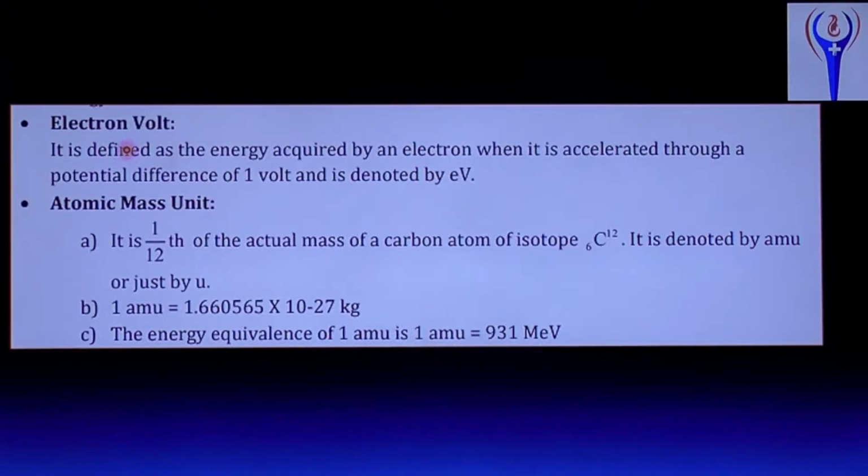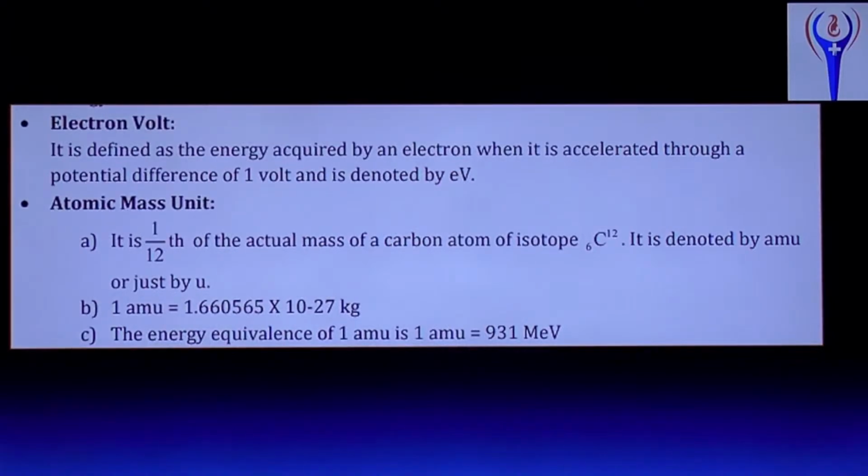It is defined as the energy acquired by an electron when it is accelerated through a potential difference of 1 volt, and is denoted by eV.